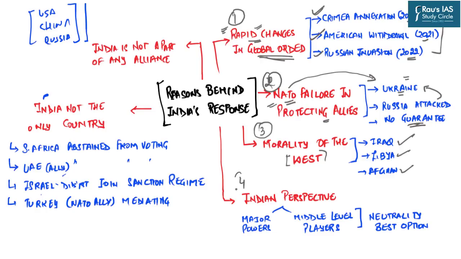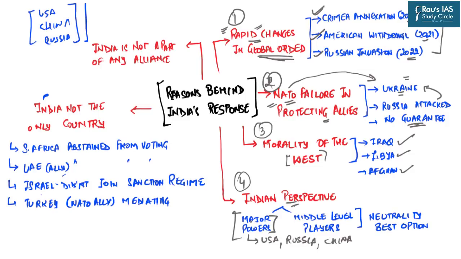Now we'll come to the fourth point. This point is very important and analytical also. We must see this world from the Indian perspective. And the Indian perspective is that presently there are two types of powers which have a dominant role in global politics. The first are the major powers. In the major powers, India specially categorizes three countries: the US, Russia, as well as China.